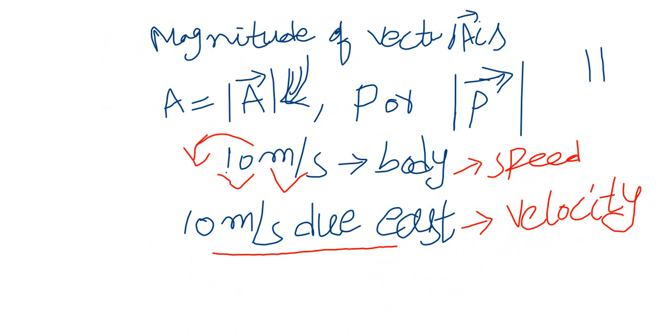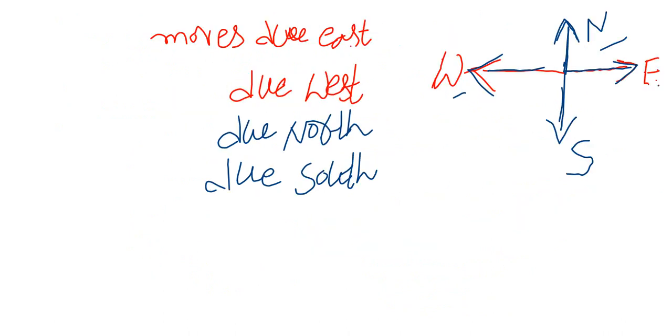Next one is, we represent vector directions in east like this, in north like this, in south like this, in west like this. Next one is different vectors.